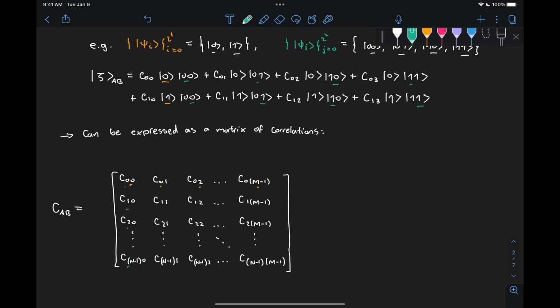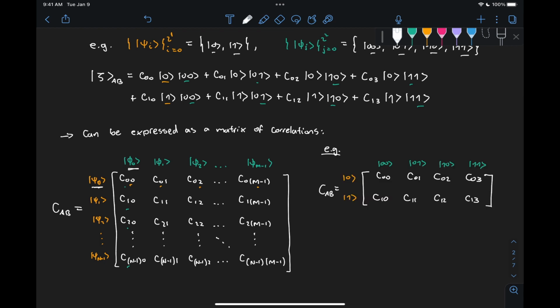So here, the coefficients in the first row correspond to the ones associated with psi 0, and the coefficients in the first column will be all of those associated with the basis state on subsystem B, phi 0.